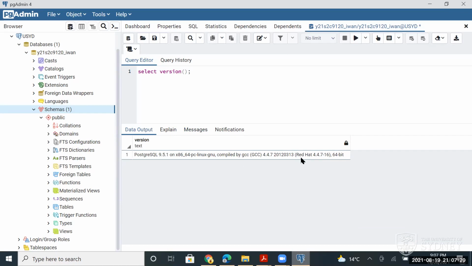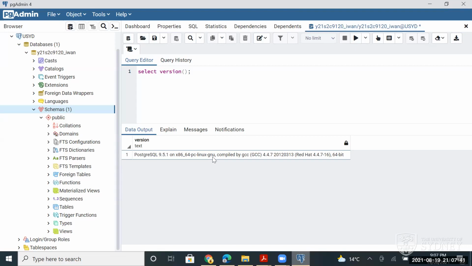So it's running Red Hat Linux, 64 bits, and it's running PostgreSQL Server version 9.5.1. Yes, it is a bit outdated, but this is the version that we will be using for this course.